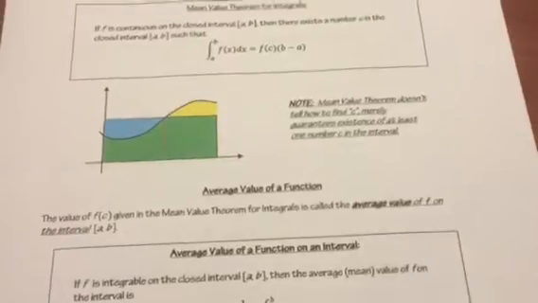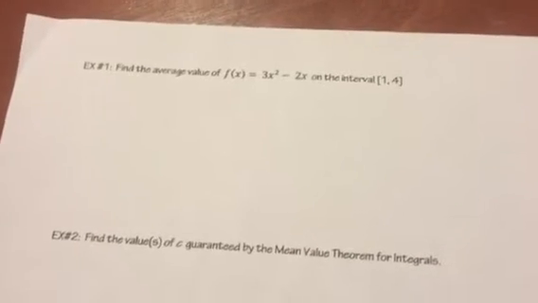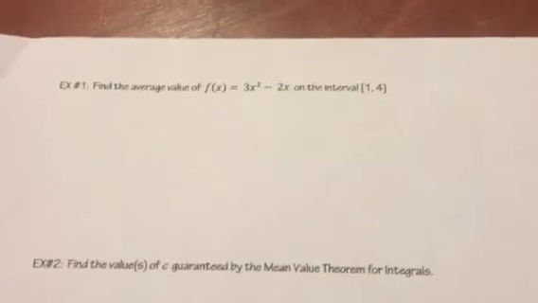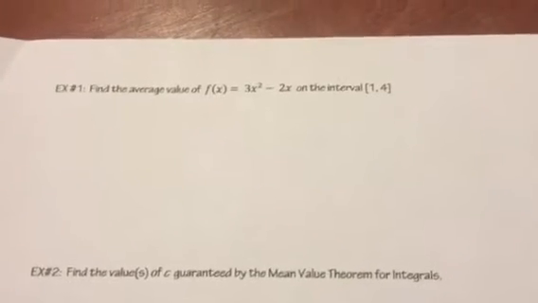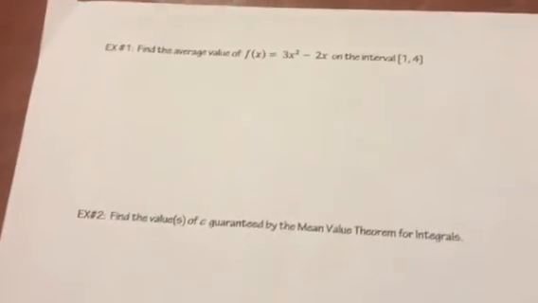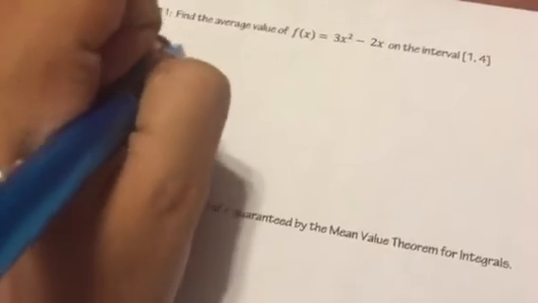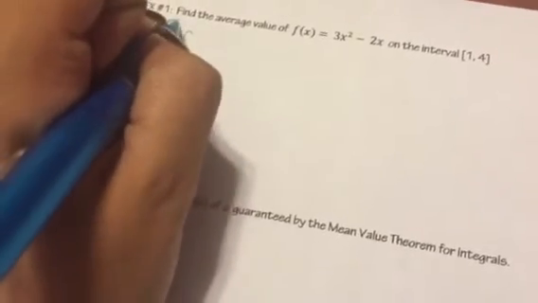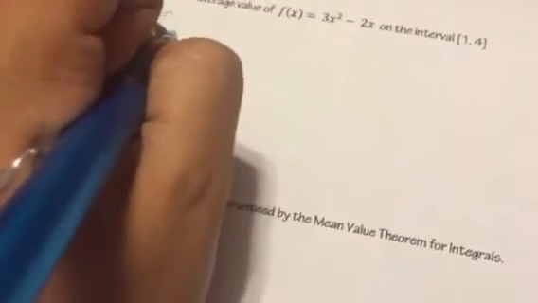So let's go through an example. Find the average value of f of x is equal to 3x squared minus 2x on the interval from 1 to 4. Well, using the average value of a function on an interval formula, we have 1 over b minus a, the integral from a to b of our function times dx.